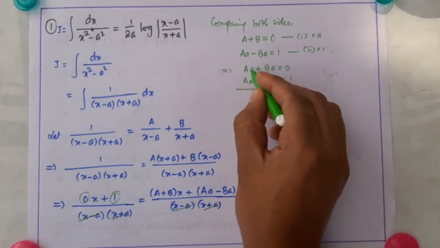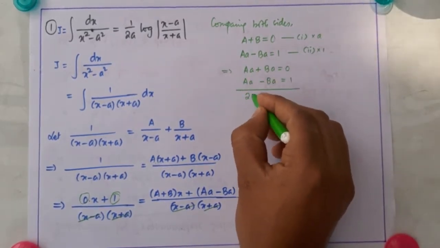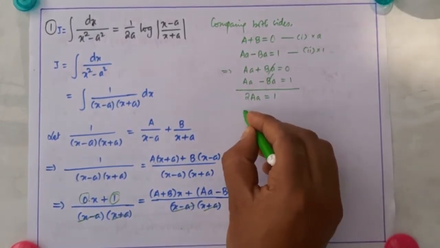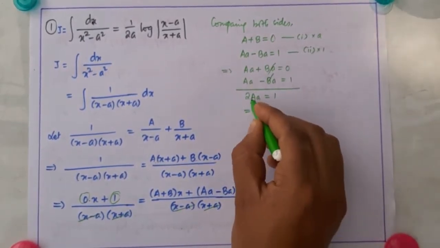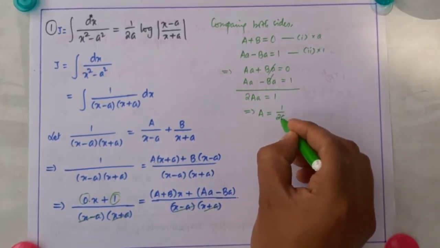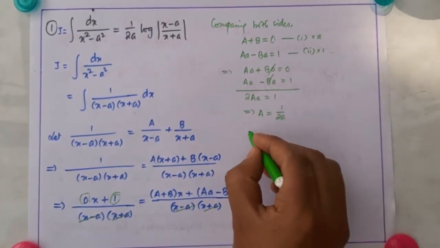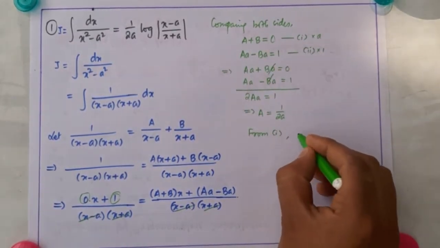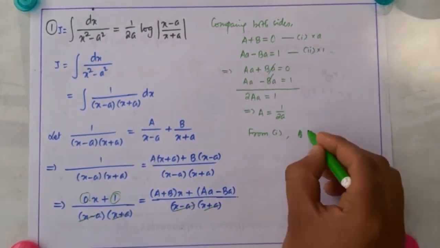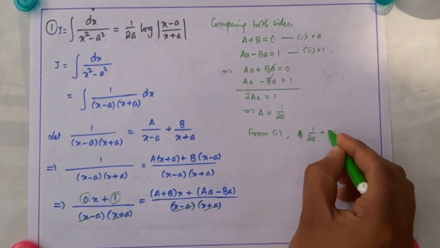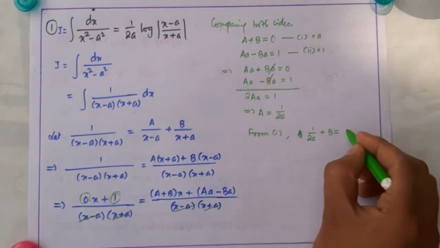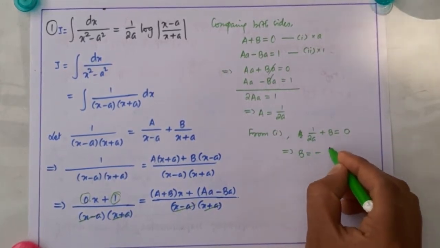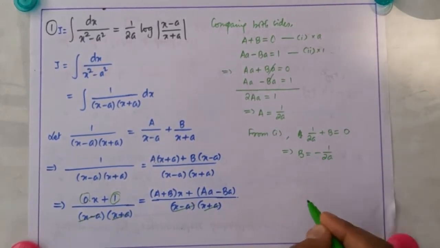So Aa plus Aa is 2Aa, and these two get cancelled, so this becomes 1. So from here, what is the value of A? The value of A turns out to be 1 by 2a, isn't it? Now from 1, A plus B is equal to 0, that is, A is 1 by 2a, so the value of B turns out to be minus 1 by 2a.